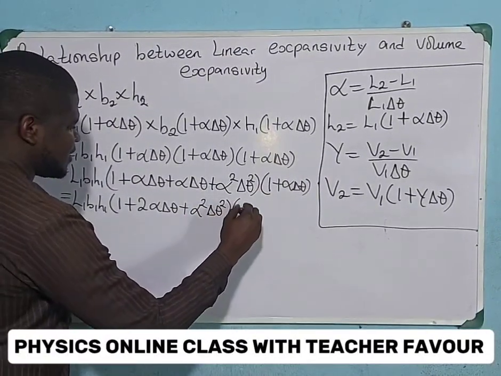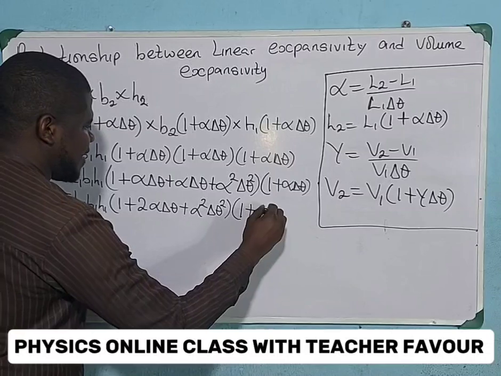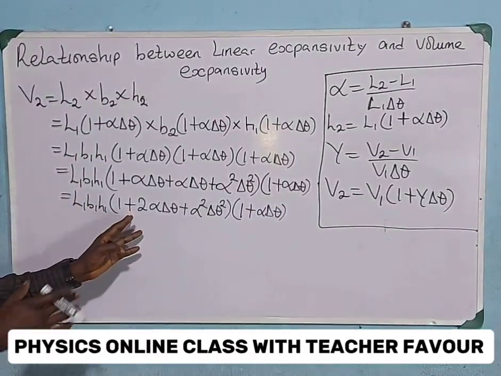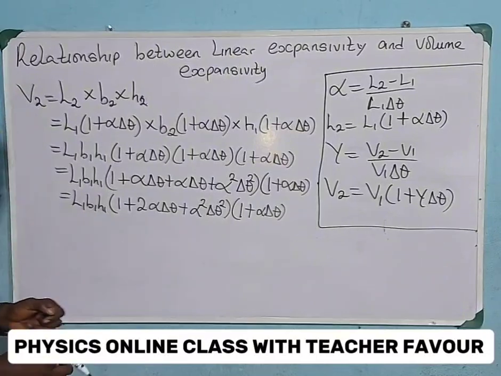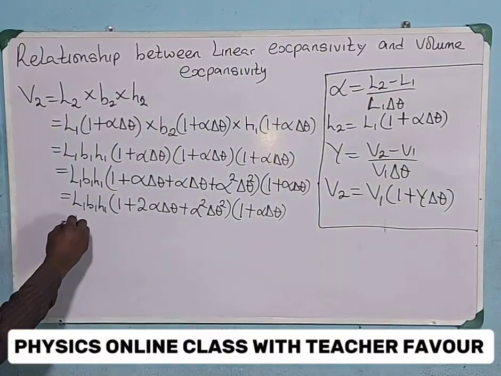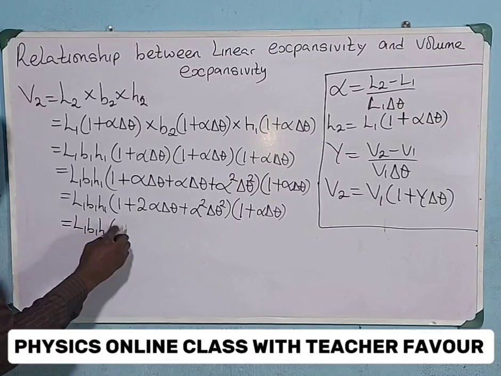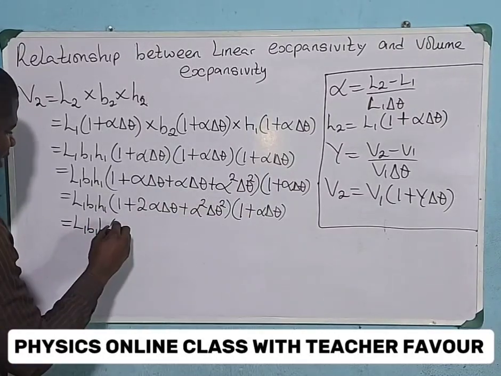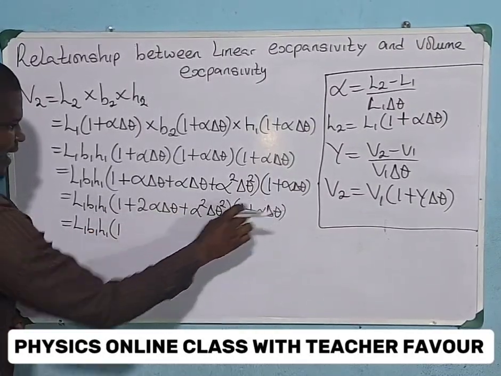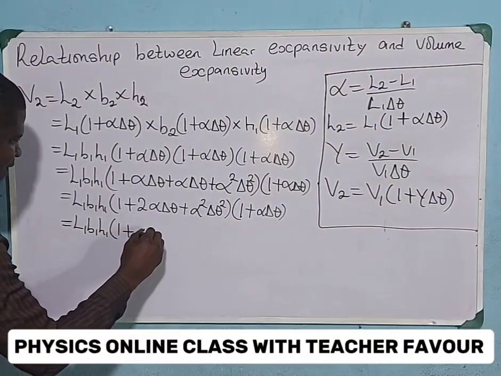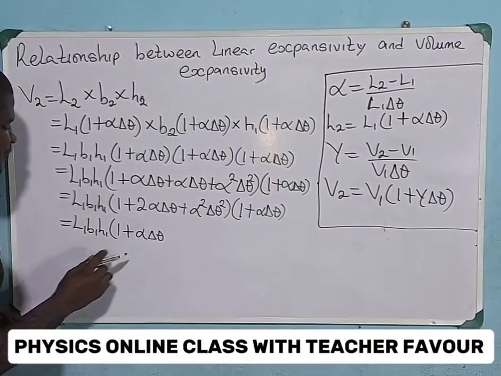We bring down this 1 plus alpha delta theta. Okay, we now take this to multiply this. So we are going to have L1, B1, H1, brackets 1 times 1 is 1. 1 times alpha delta theta will have plus alpha delta theta.